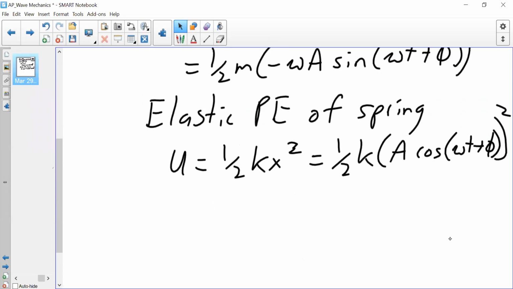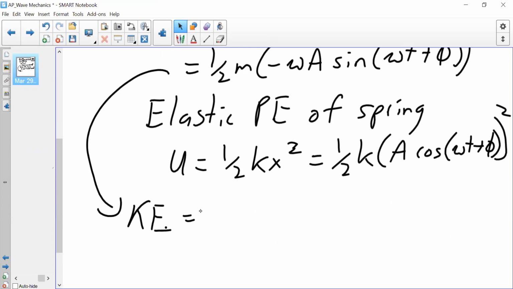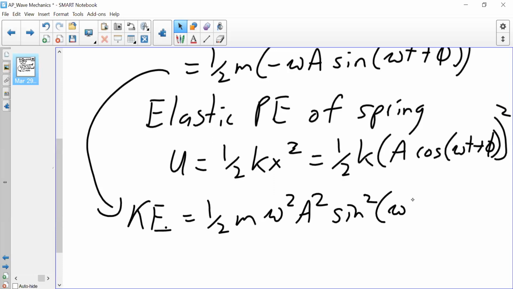So anyway, the kinetic energy here is 1/2 m omega squared A squared sine squared omega t plus phi.